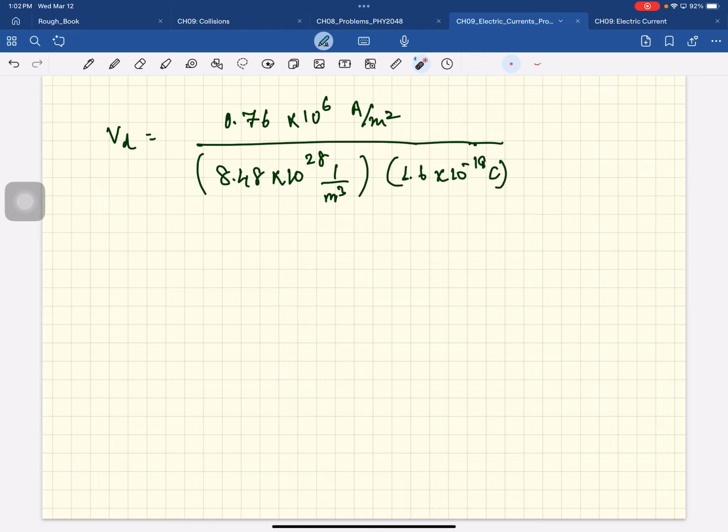Okay, so let's take your powers of 10. This is 10 to the 9, and then you get 10 to the minus 3 meters per second.